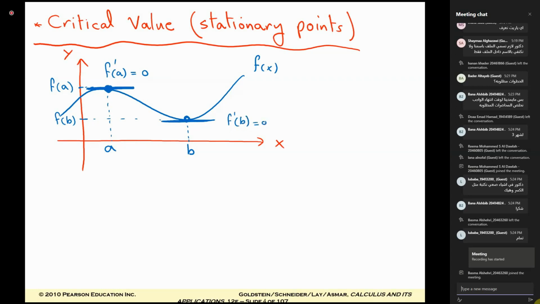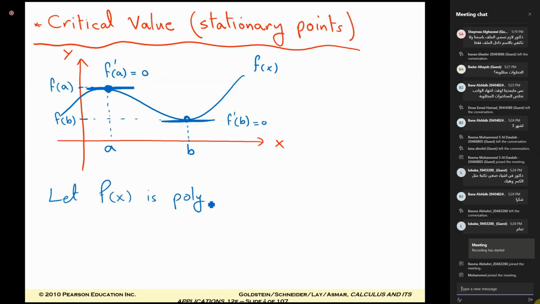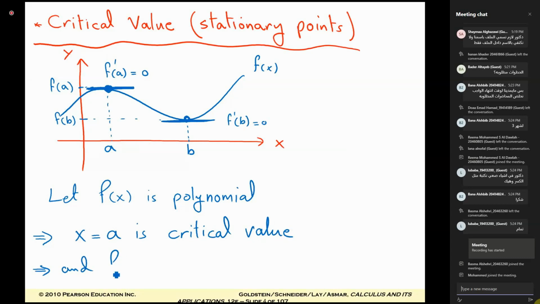So let f of x be a polynomial. Then x equals a is a critical value, and f prime of a equals 0, because this is the stationary point.